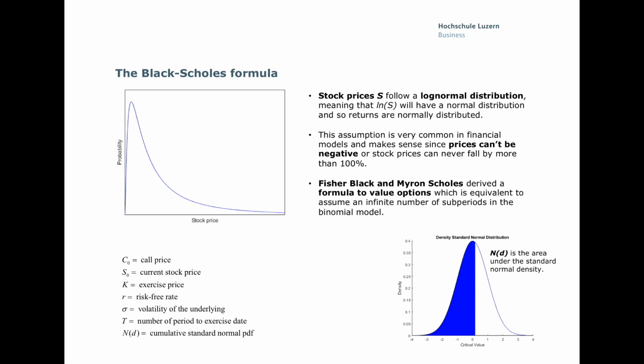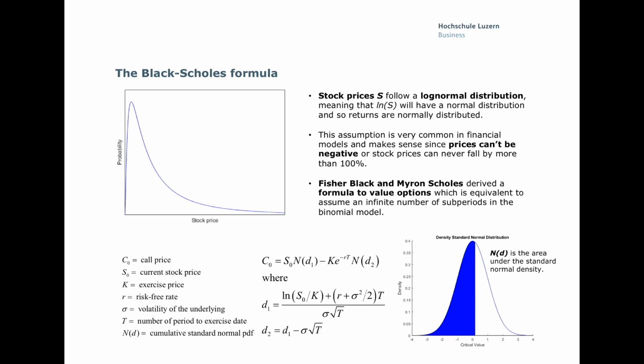R is the risk-free rate, sigma the volatility of the underlying, and T the number of periods to the exercise date. The function N of d denotes the cumulative probability density function for a standardized normal distribution. In other words, it is the probability that the variable with a standard normal distribution will be less than d. The shaded area on the graph on the right-hand side represents N of d.